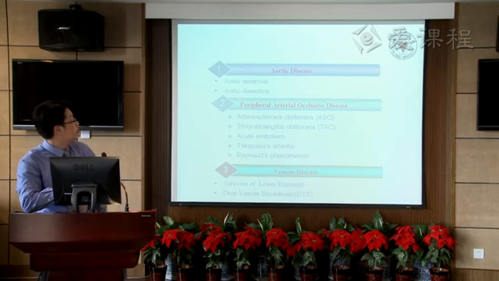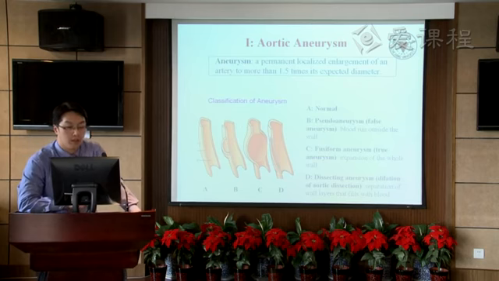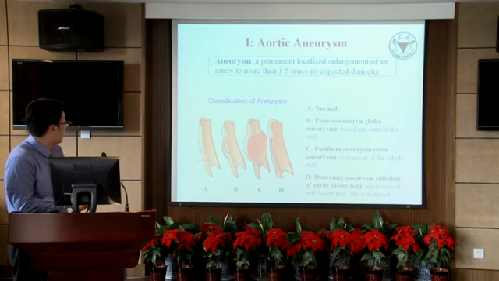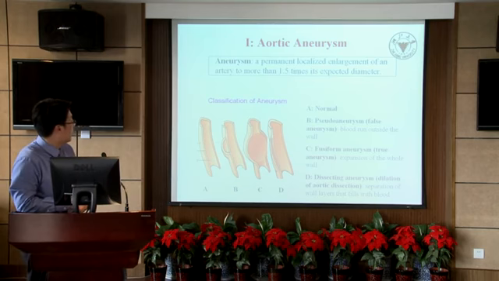Aortic diseases include aortic aneurysm and aortic dissection. And first, aortic aneurysm. Aneurysms are commonly a localized enlargement of an artery to more than 1.5 times its expected diameter. Classification of aneurysm: A, B, C, D. A, normal.